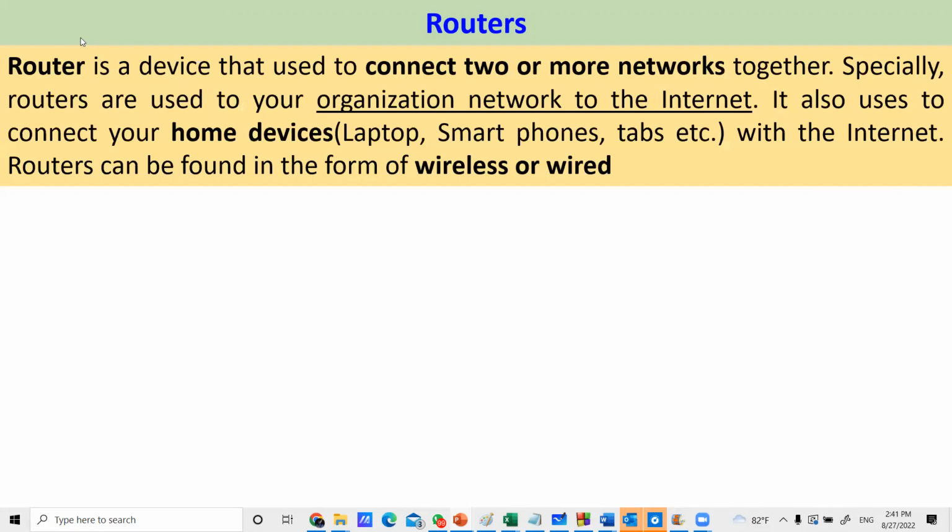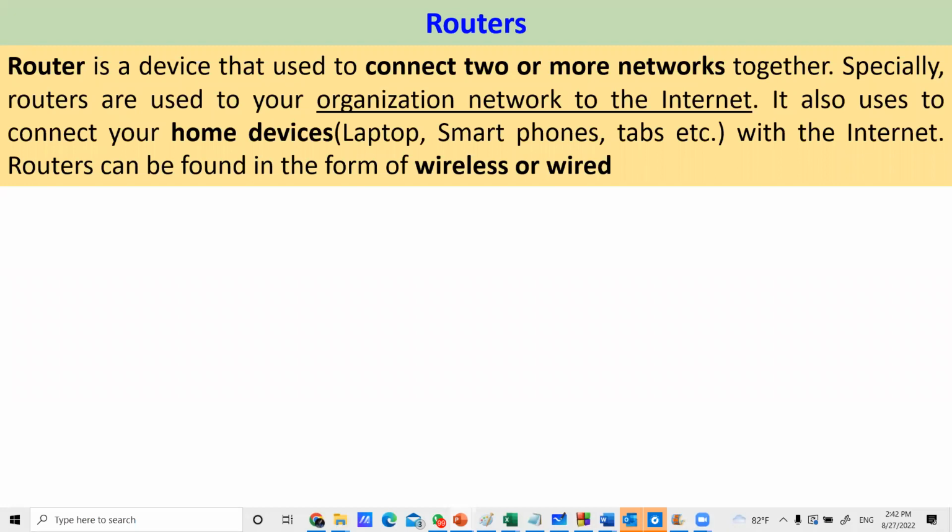Right. Here is the definition for router: a router is a device used to connect two or more networks together. Especially, routers are used to connect your organization network to the internet. That's the part you want to remember.